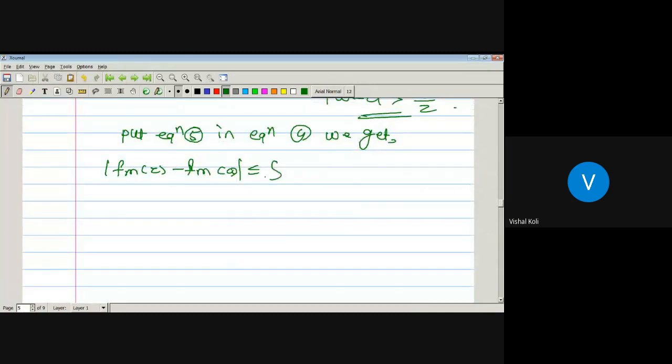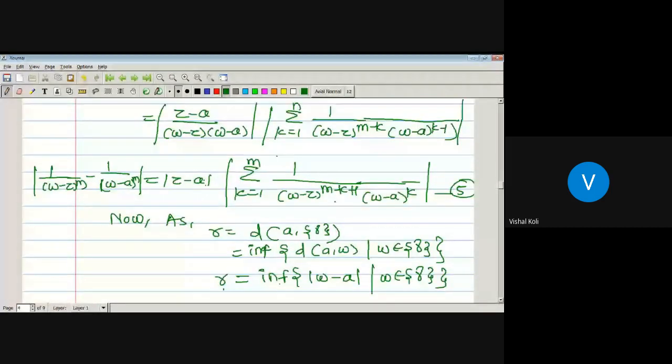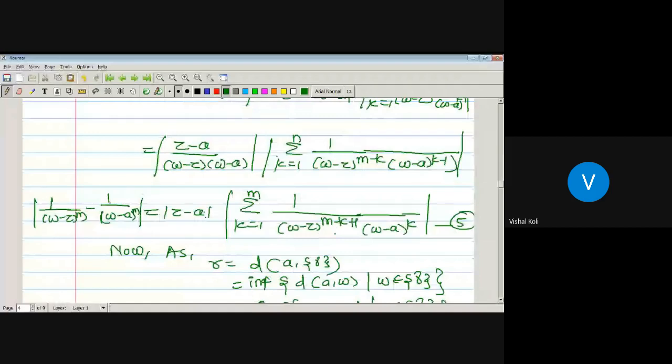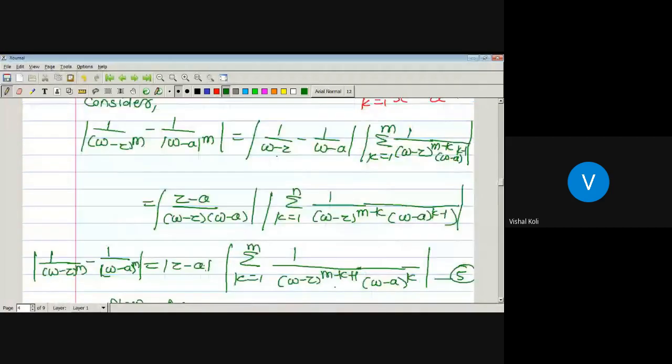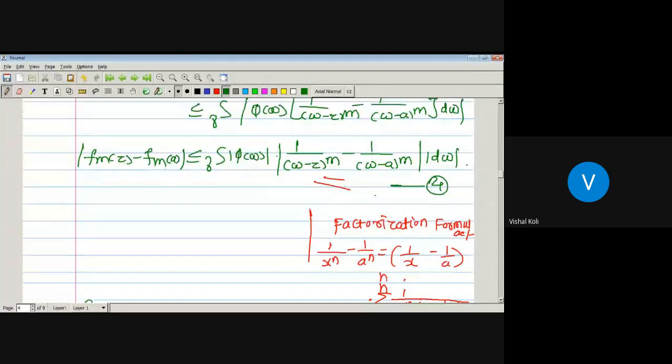integral over the curve gamma, modulus of Z minus A. We are replacing the value. What is equation 5? Modulus of Z minus A. And what is equation number 4? Integral over the curve gamma modulus of phi of W into this one.